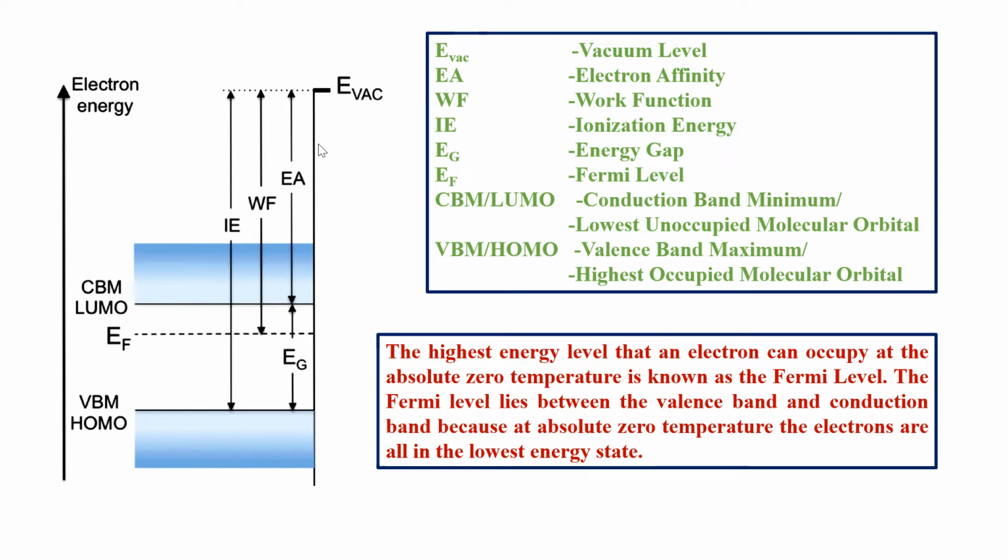As I have already mentioned, when we are considering different distribution theories, it is necessary to define a state in between the conduction band minimum and the valence band maximum, where there is a probability of finding the electron. This is known as the Fermi level. The Fermi level lies between the conduction band and valence band, and the electrons will be present in their lowest energy state.